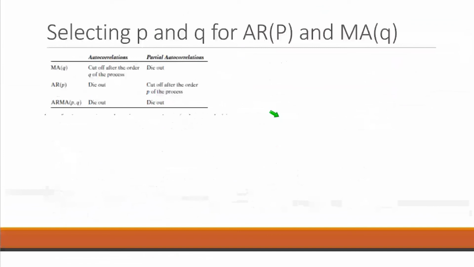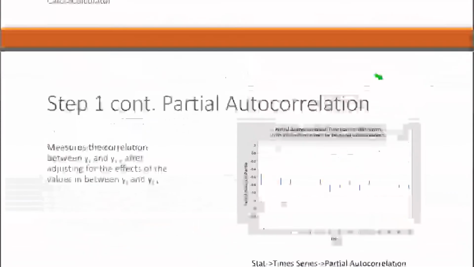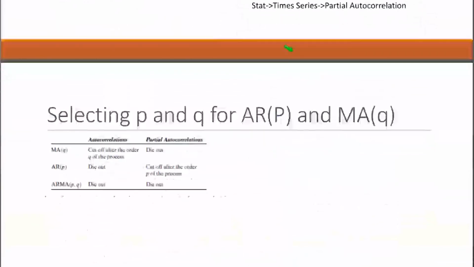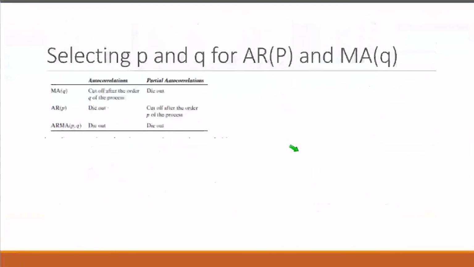Once we have these two graphs, the autocorrelation graph and the partial autocorrelation graph, we can start to determine what model specifications we want, the AR part and the MA part. Here's a little table that may not be that helpful at this time.